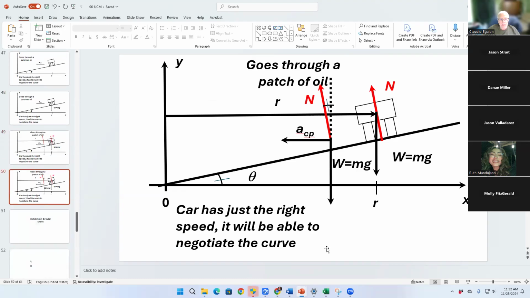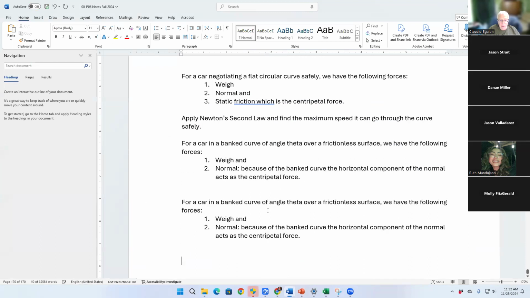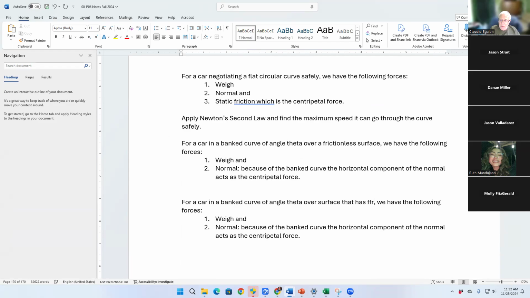Okay? If we add friction, then we have to add another force there. For a car in a banked curve of angle theta over a surface that has friction, now we have the following forces: weight, normal, and static friction. Okay, in this specific case, now I'm going to write that down here.